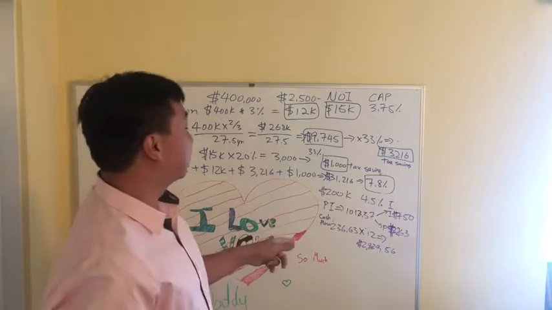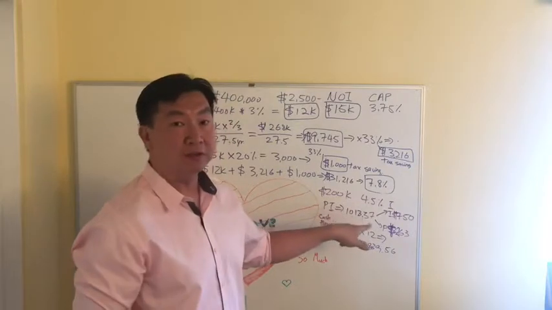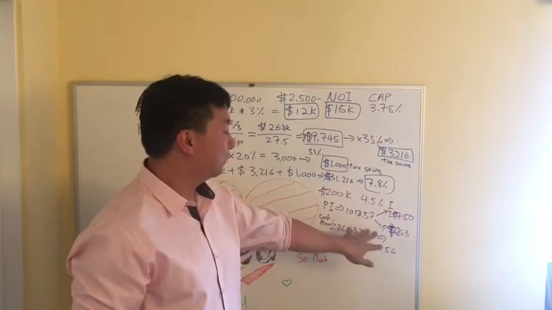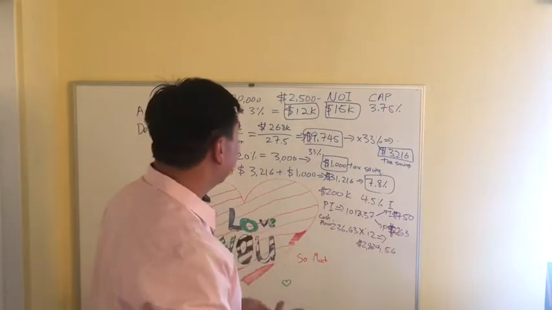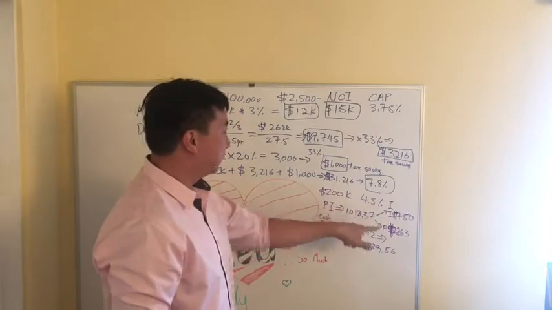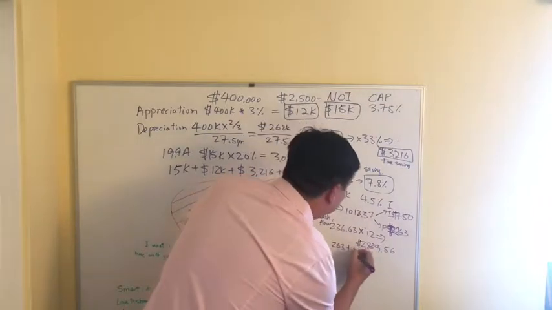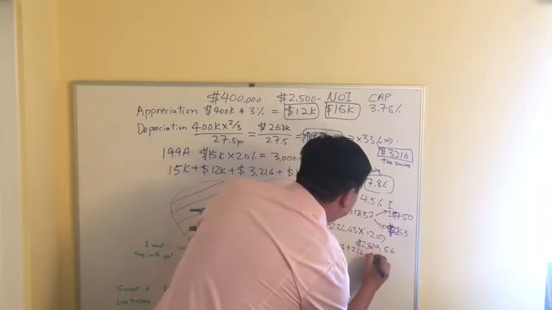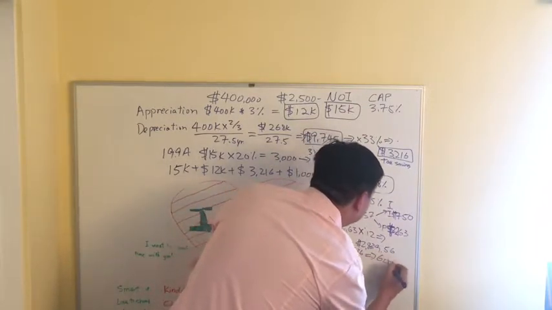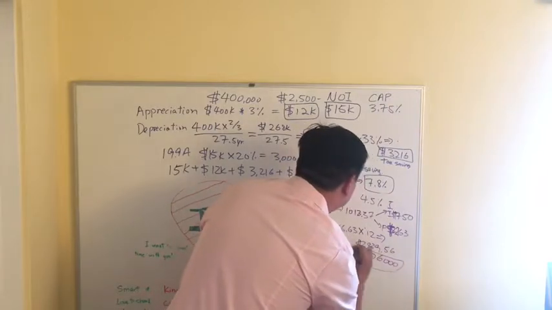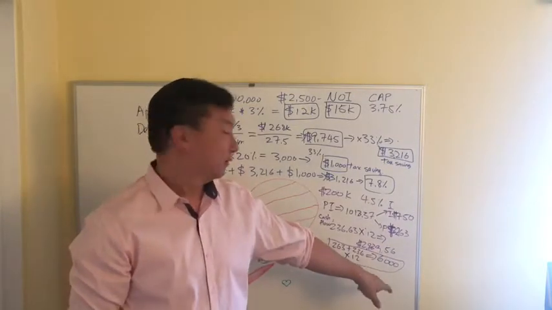Let me talk about the real cash flow. Since this number consists of principal and interest, we took out the whole principal and interest here, but the principal you're actually paying yourself. So if you add the principal, the 263, plus 236, and multiply by 12, your real cash flow is about $6,000 a year.